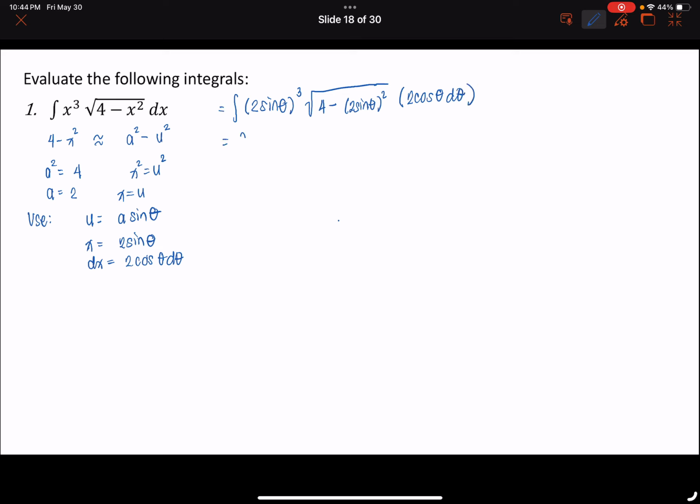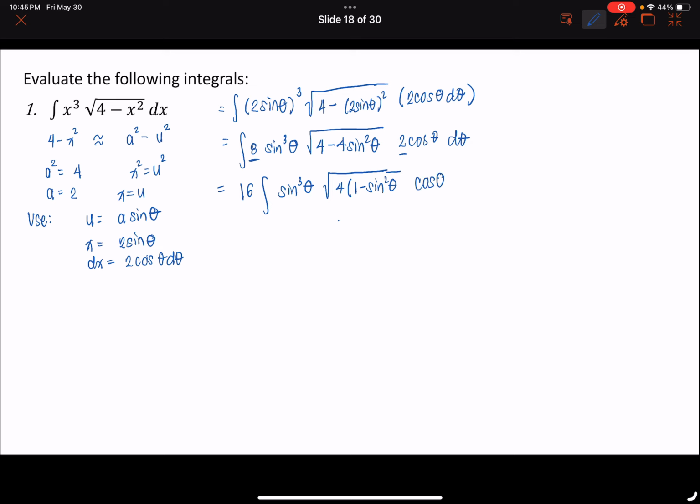So that would be the integral of 8 sine cubed theta, and for this term, we have square root of 4 minus 4 sine squared theta times 2 cosine theta d theta. We factor out 8 and 2, so we have 16 integral of sine cubed theta times square root of 4 times 1 minus sine squared theta, and then cosine theta d theta.